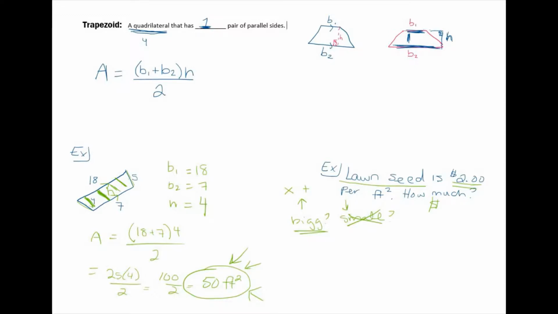But which one makes sense here? Would I add 50 plus $2 or should I multiply? I should multiply here. Multiplication, that's the winner. For every foot, I need to pay $2. So 50 times $2. So to seed my lawn will cost me $100.